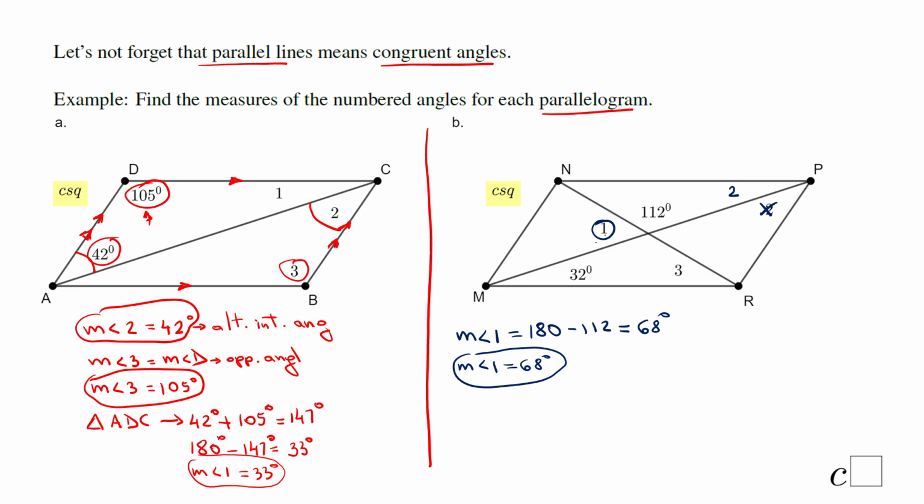Now let's take a look to angle 2, which I said is right here, this one and this one. Remember, they are alternate interior angles, so the measure of angle 2 will be 32 degrees because they are alternate interior angles.